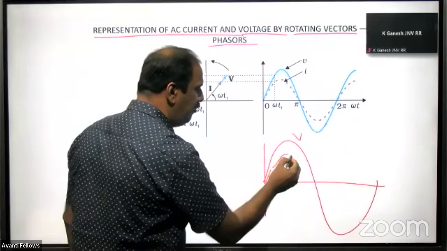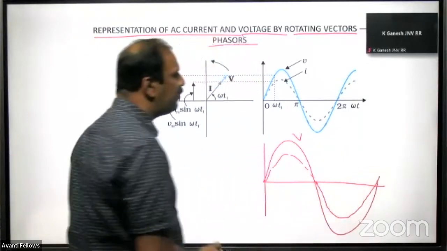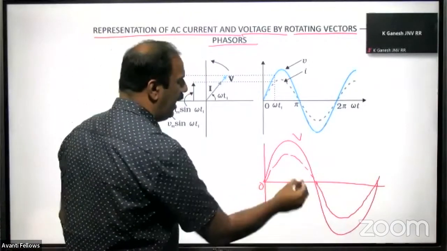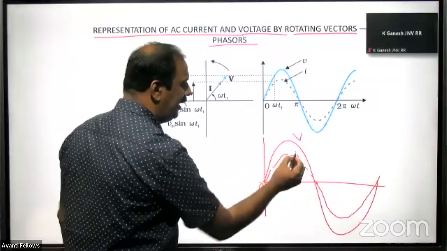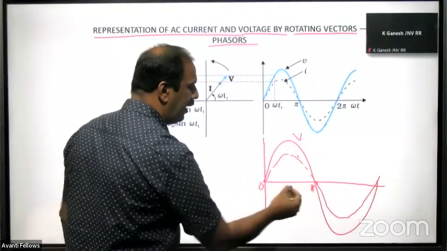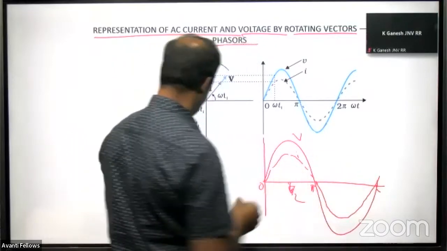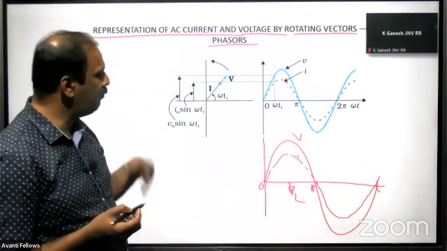Current is in the same phase, so there is no phase difference in this one. This is 0, this value will be the maximum Vm, and this is I, and here it will be pi, here pi by 2, and 2 pi. Like that you will get the wave. Now, the same graph we can represent as a phasor diagram.